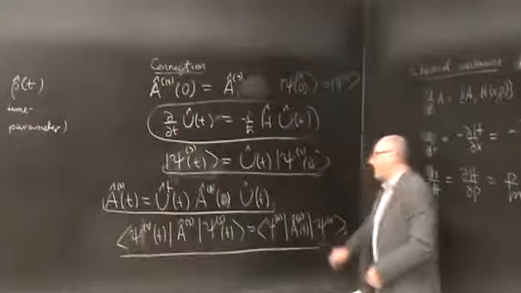And by this connection, any expectation value is the same whether I calculate it in the Schrödinger picture or the Heisenberg picture. I plug in for the state this way or the operator this way, and they'll be the same. That's why they are physically the same.